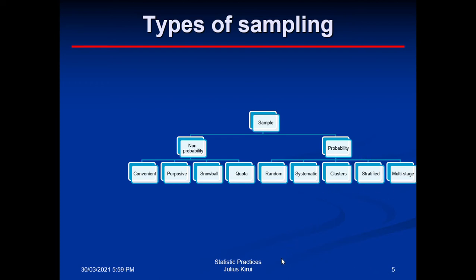So these are the types of sampling techniques. We have random sampling, which is under probability, systematic, cluster, stratified, and multi-stage.